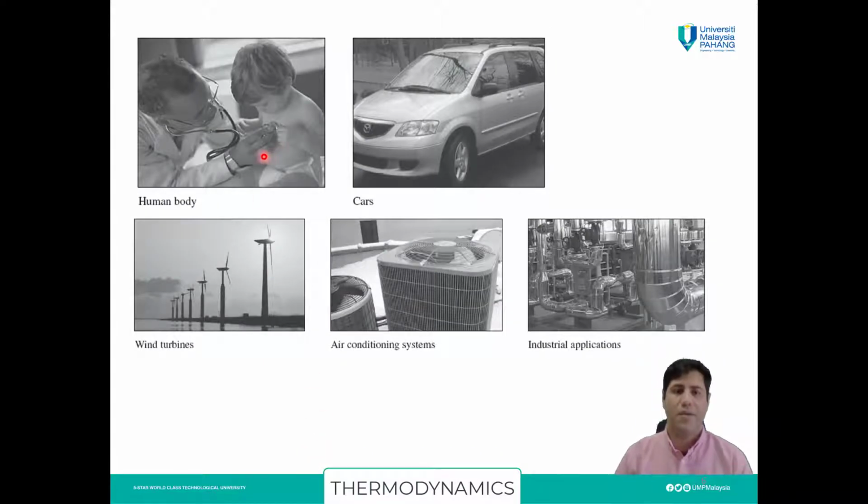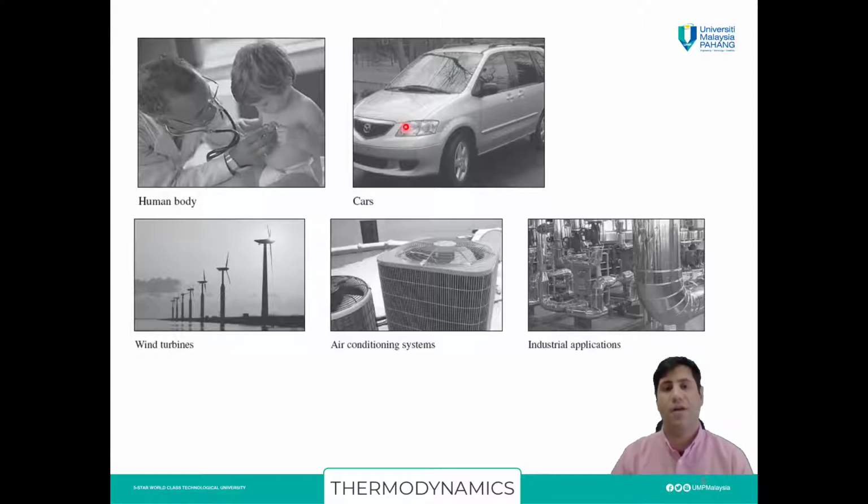Here are some other examples. The human body is also a process. Our body also involves some thermodynamics. You can understand, because we have energy, we have matter, and we earn our energy by consuming different foods as our fuel.